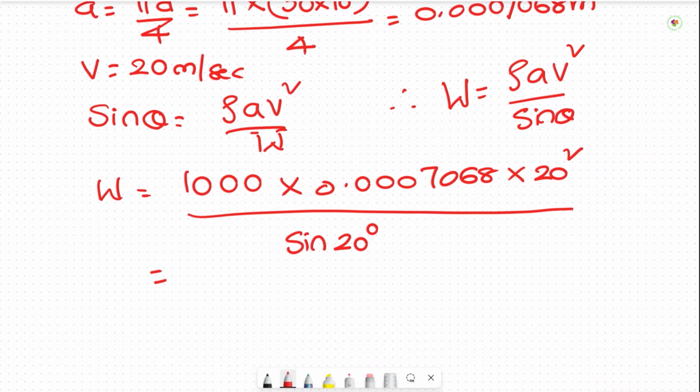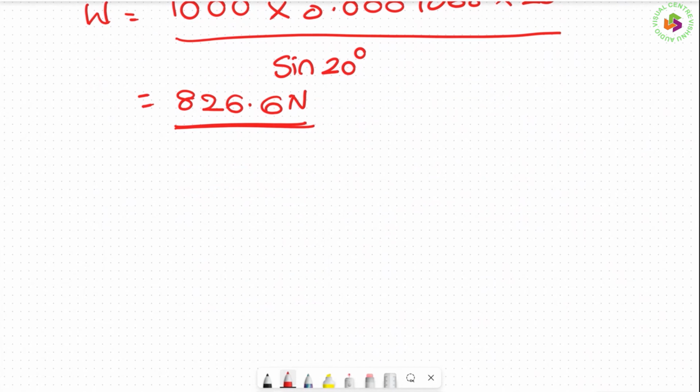If you solve it, you get 826.6 newtons. So this is the W. That first answer is over. Now the second answer is if the plate is not allowed to swing.